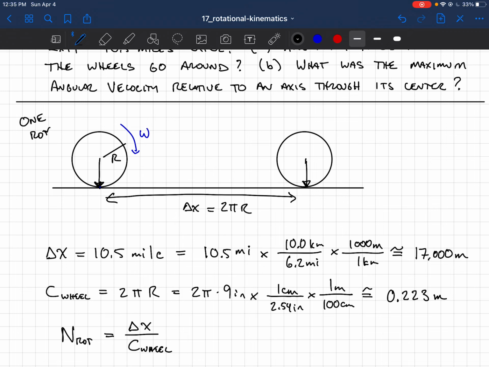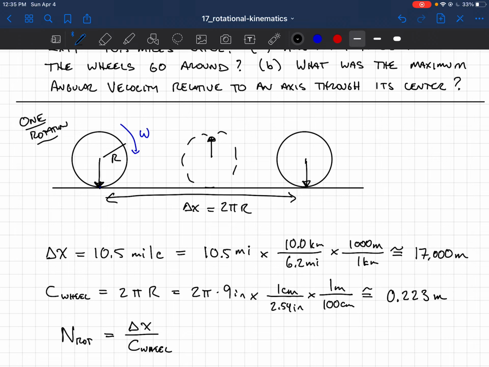So this is 1 rotation. You go around once, so at some point in the middle the arrow is pointing upward like that. How many rotations does it take to go a certain distance? You just divide the distance by the circumference of the wheel.